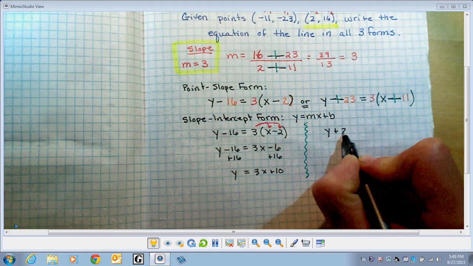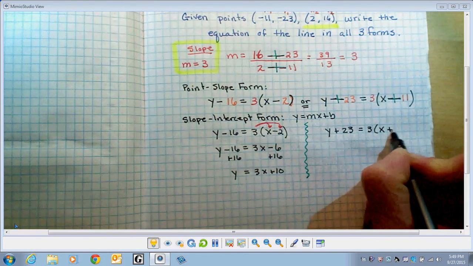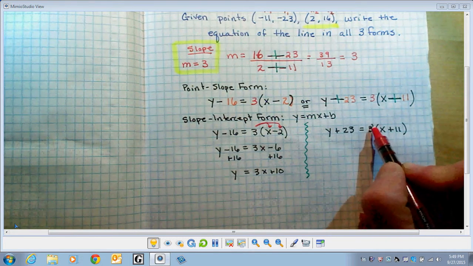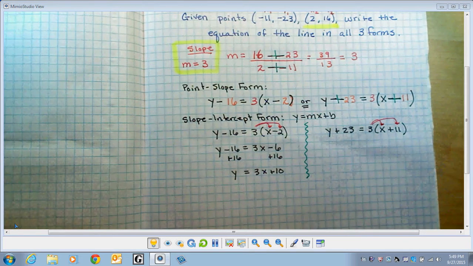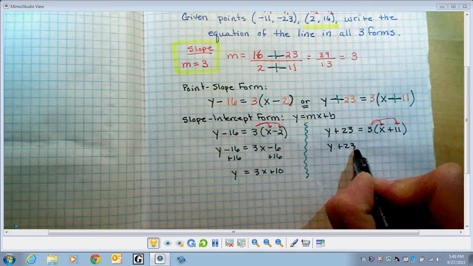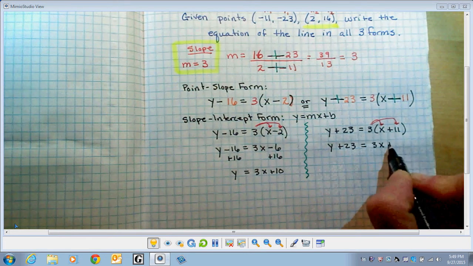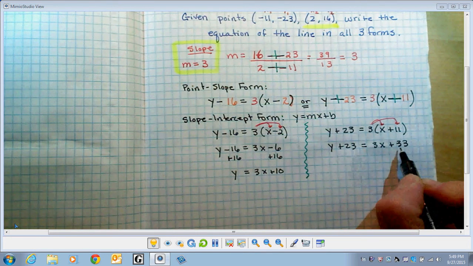Y plus 23 is equal to 3 times x plus 11. Same sort of thing happens. I need to simplify the right side. So I'm going to multiply that in like that. And then I get y plus 23 is equal to 3x plus 33, because 3 times 11 is 33.